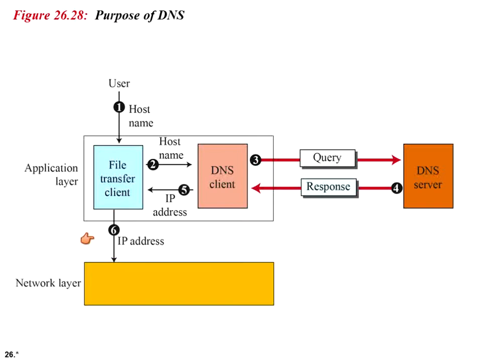Now, the purpose of accessing the internet is to make a connection between the file transfer client and server, but before this can happen, another connection needs to be made between the DNS client and the DNS server. So we need at least two connections in this case. The first is for mapping the name to an IP address, and the second is for transferring the files.